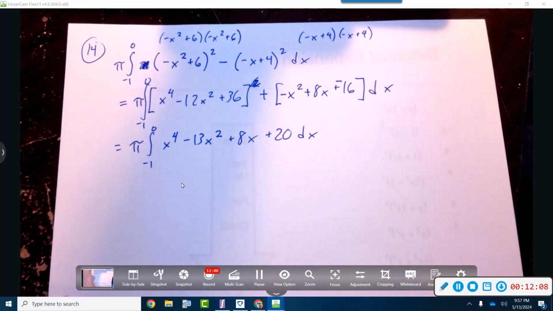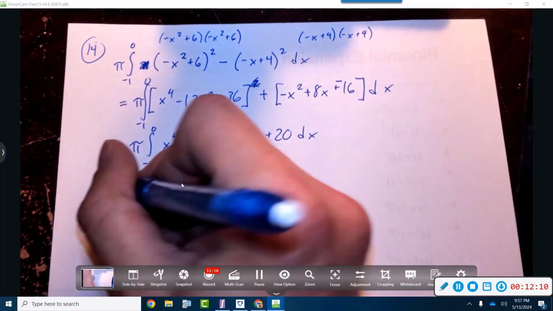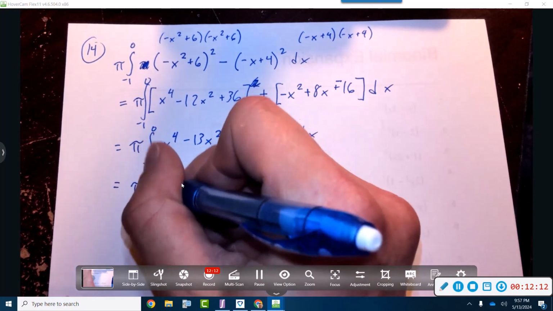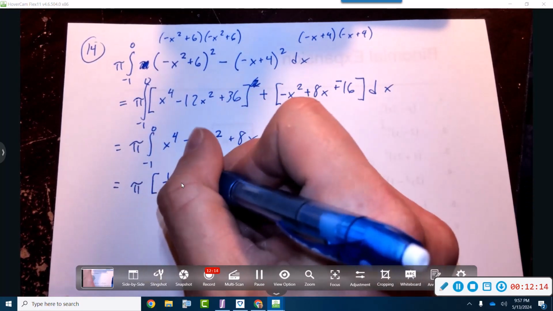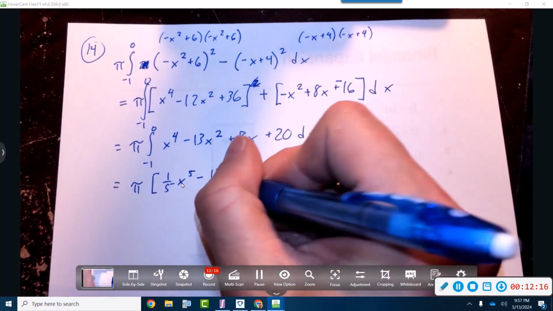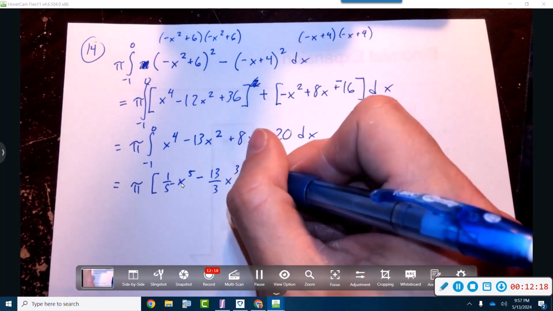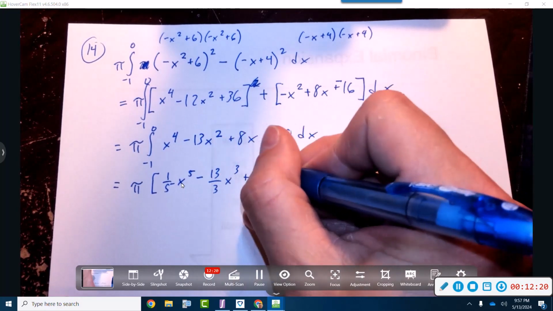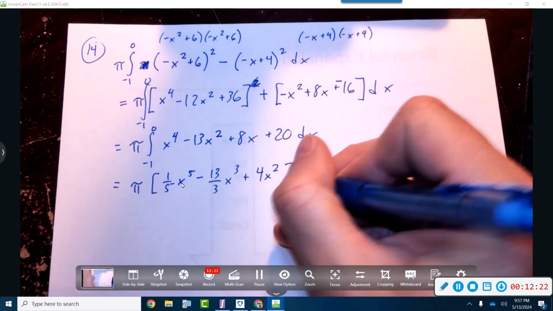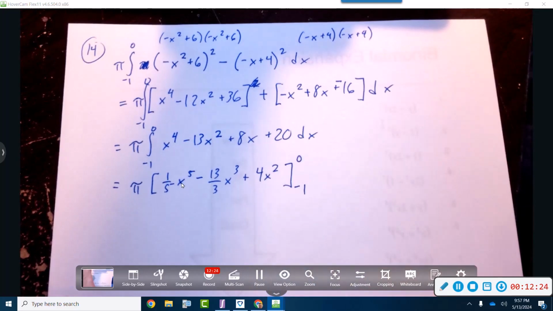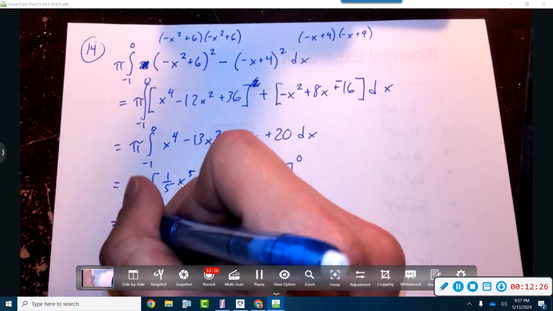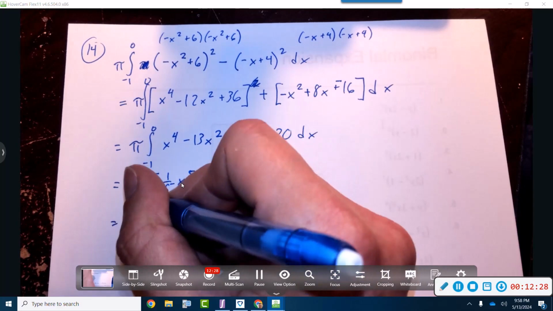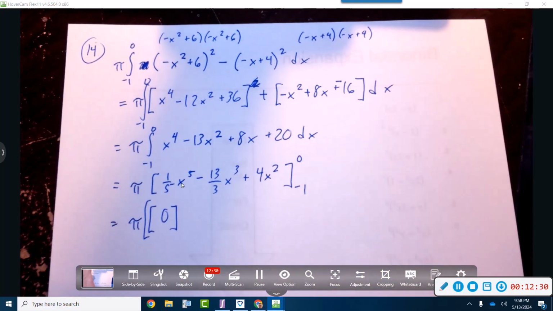Okay, still have not taken the antiderivative. We're ready to do that now. Pi 1/5 x to the 5th minus 13 over 3 x to the 3rd plus 4x squared, evaluated at 0 and -1. Now 0 is just going to be 0. So we got pi. Okay, so there's our goose egg there.